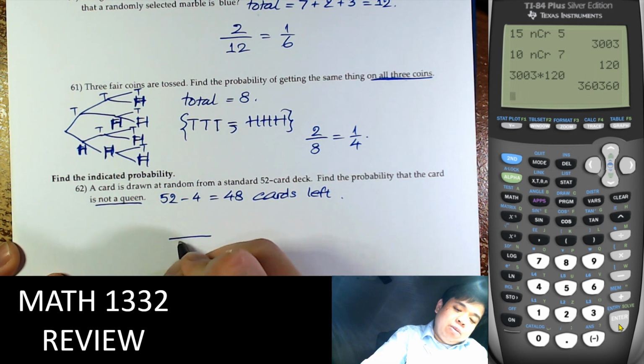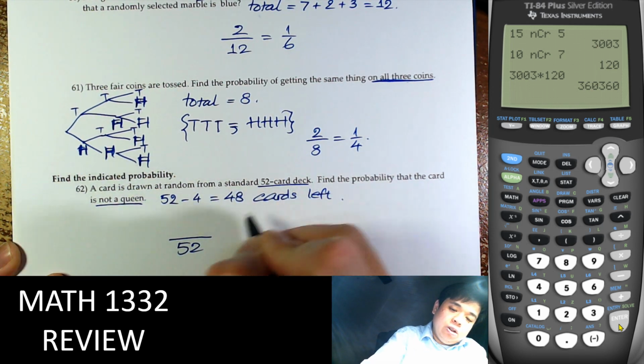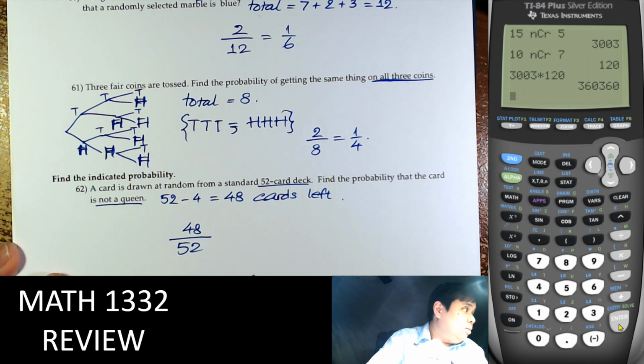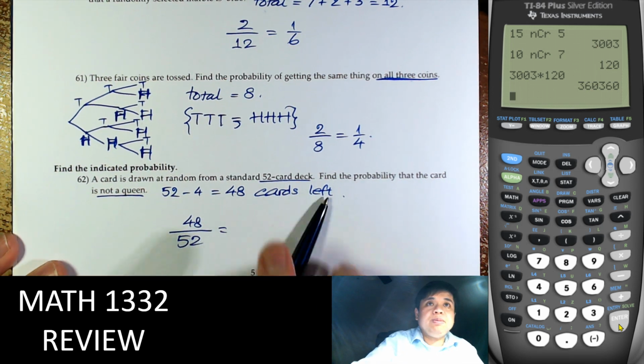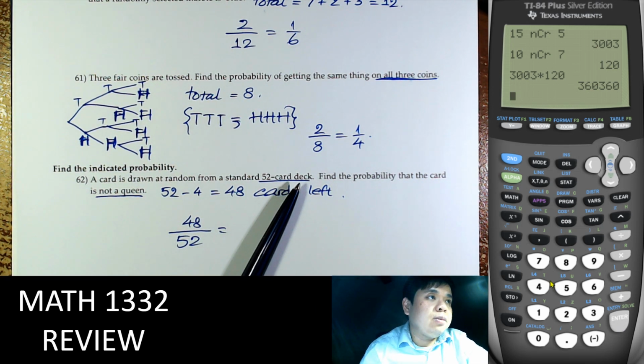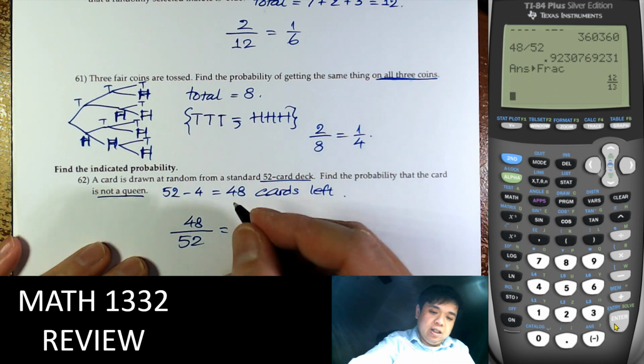Now we have 52 total, and there are 48 of them. So we just do that, 48 divided by 52. Convert to fraction. 12 over 13.